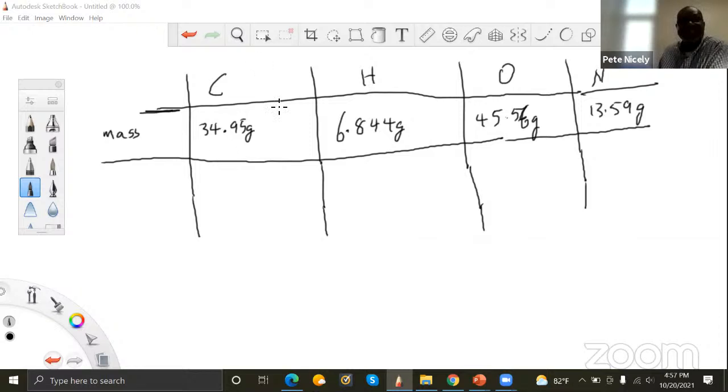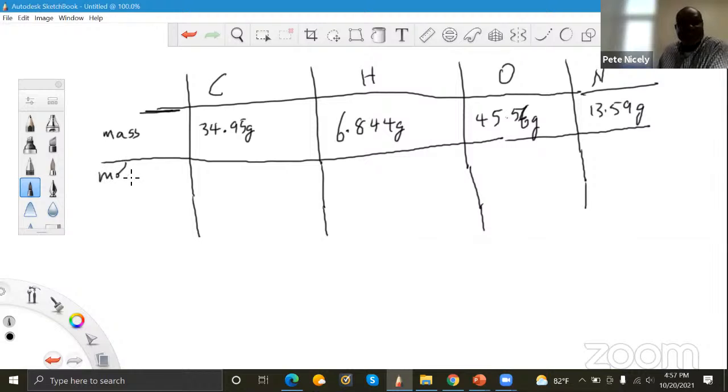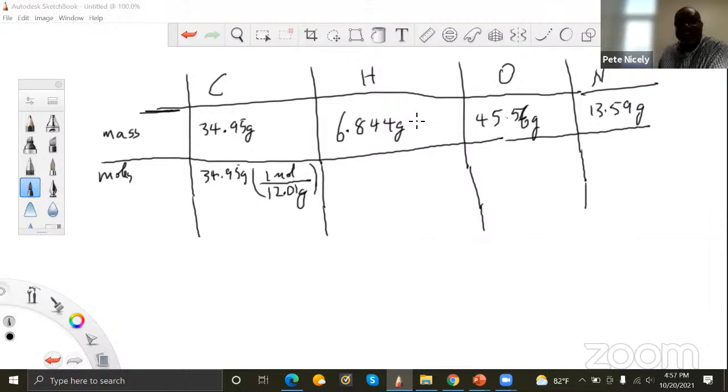The number of moles, exactly. So the next line would be the moles, right? So in the case of carbon, what do we multiply by? 34.95 grams multiplied by what? Well, you're going to divide by 12.01 grams. But up here, you're going to have 1 mole. All right?